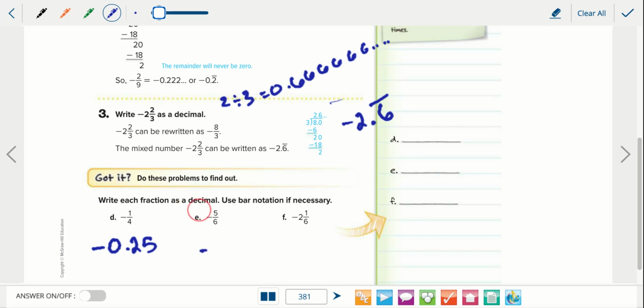You get -0.83 with just the 3 repeating. -2 1/6. So what I would do is I simply would write my -2, and then I would do 1 divided by 6, which gets me 0.16 with the 6 repeating.